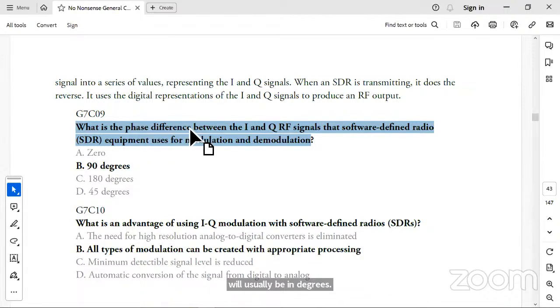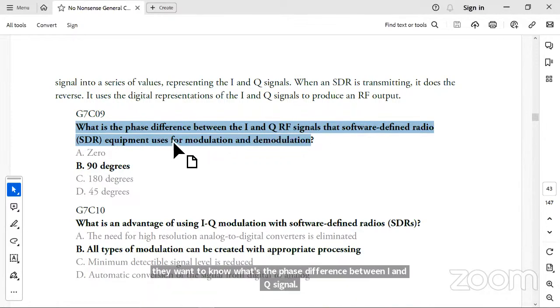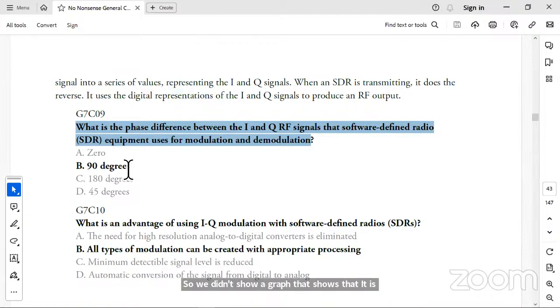So what is the phase difference? Between what? Between the I and the Q signals. Remember, in SDR, there are two signals, the I signal and the Q signal. And they want to know what's the phase difference between I and Q signals. So we did show a graph that shows that it is 90 degrees out of phase, right? That's a phase difference between the I and the Q signals for SDR.